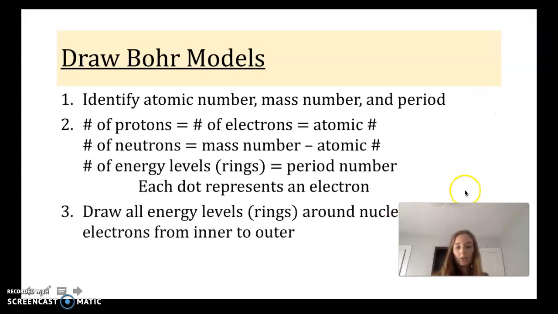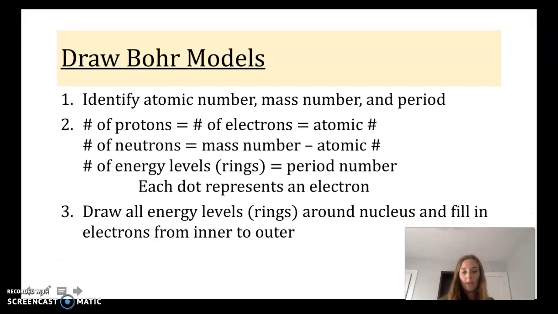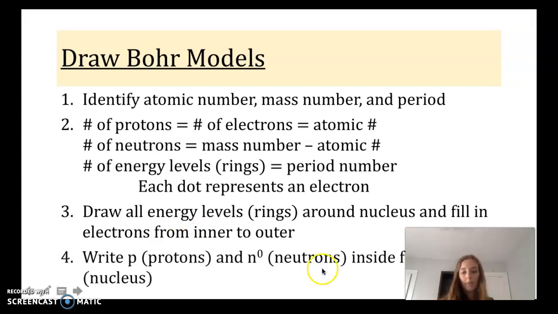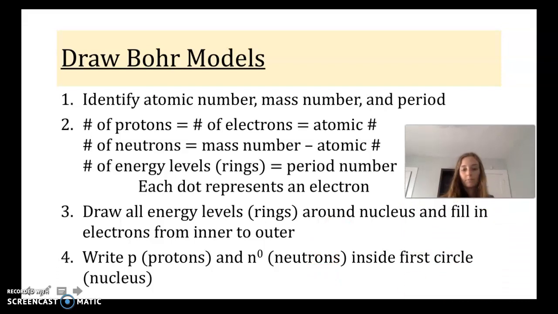We will next draw all the energy levels, or the rings, around the nucleus and fill in the electrons from the inner, closest to the core, to the outer. We will write the protons and the neutrons inside the first circle, which of course is our nucleus. I know that was information overload. Stop the video and write down these steps if you haven't already.